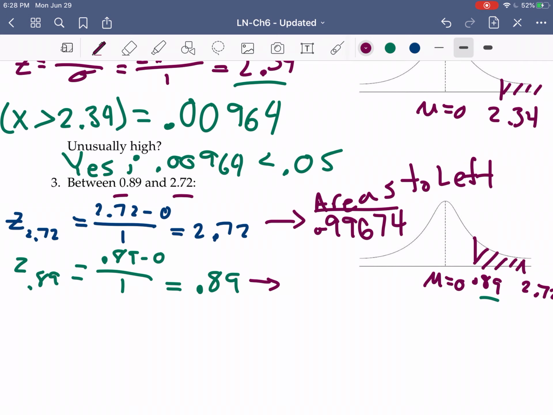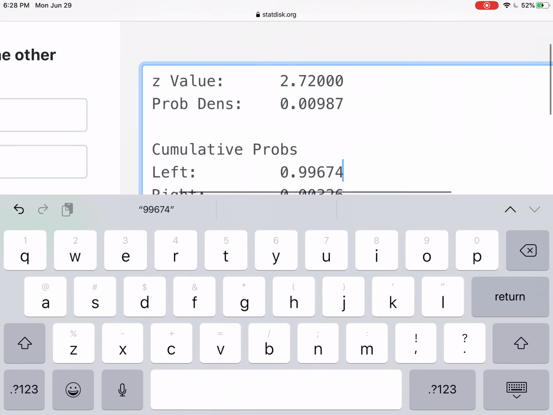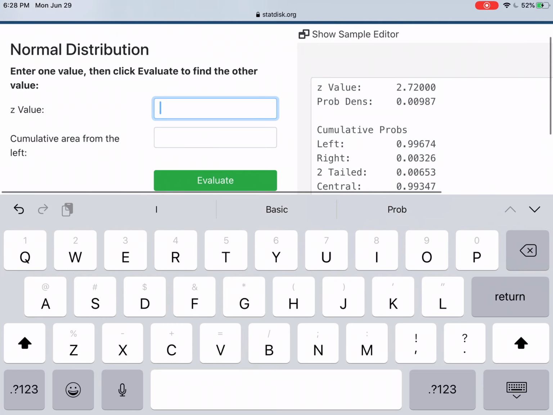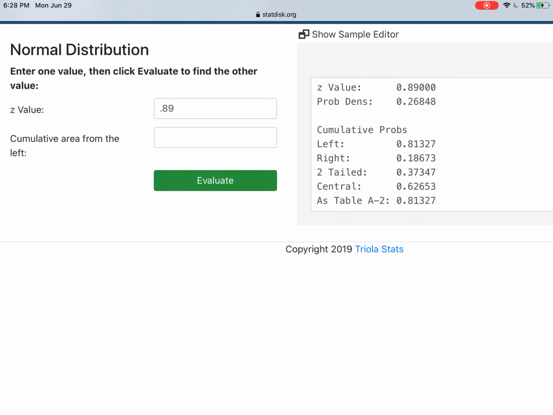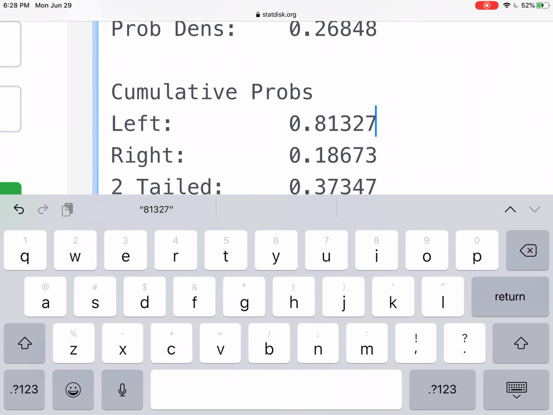The area to the left of 0.89 is 0.81327.